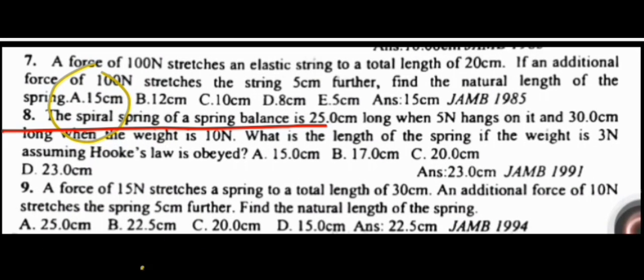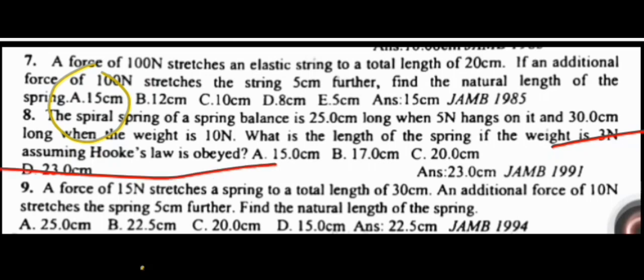It was told that the spiral spring of a spring balance is 25 cm long when 5 Newton hangs on it, and it is 30 cm long when the weight is 10 Newton. So we need to find the length of the spring if the weight is 3 Newtons, assuming Hooke's law is obeyed.